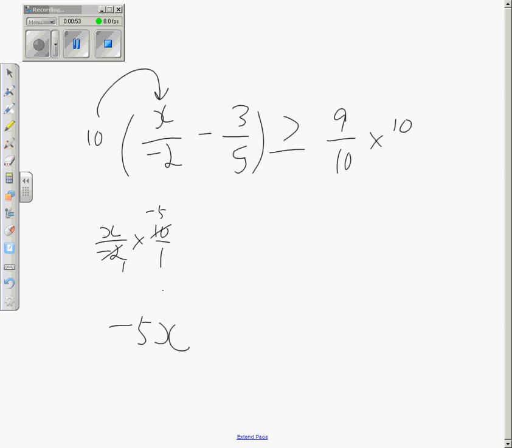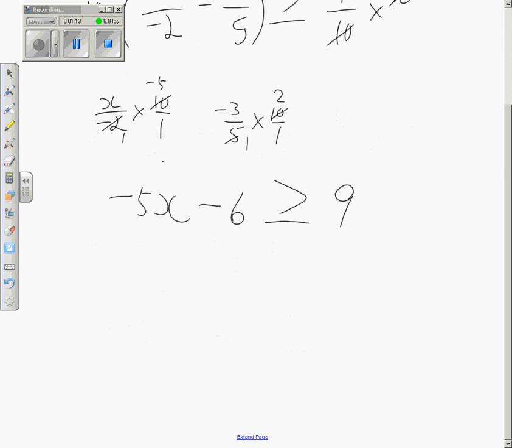If I have 10 of those negative half x's, I actually end up with negative 5x. And then when I multiply the next one by 10, negative 3/5 multiplied by 10 over 1, cross multiply, I get take away 6. And I'm going to keep my symbol the same. It's going to be greater than or equal to, cross multiply, 9. It's the exact same value, just 10 times greater on both sides, and now there's no fractions.